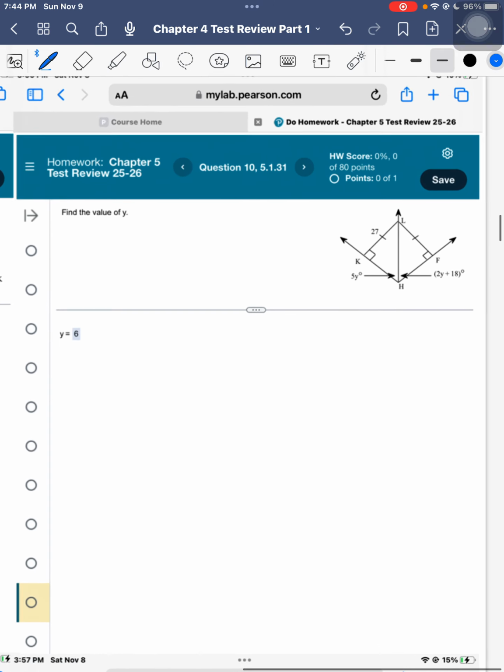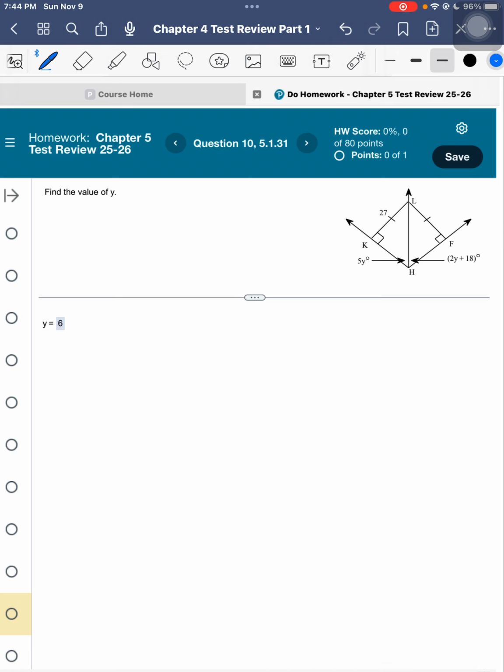Same thing here. I have a ray that is bisecting. How do I know that this is an angle bisector? Because I don't see the little arcs, but I know that if a point on an angle bisector is equidistant and perpendicular to the sides of the angle, then I have an angle bisector.